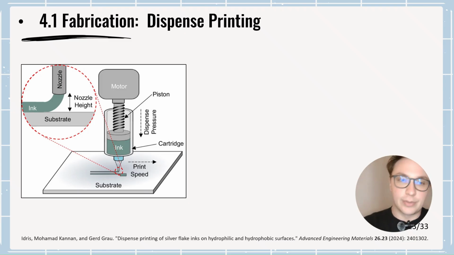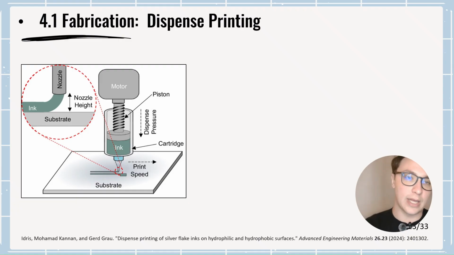Coming to the fabrication process, very interesting. I would like to give you a very brief idea of quite all the possibilities we can find on the market, let's say.